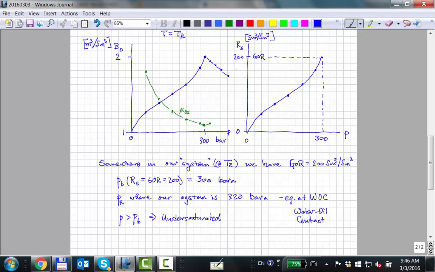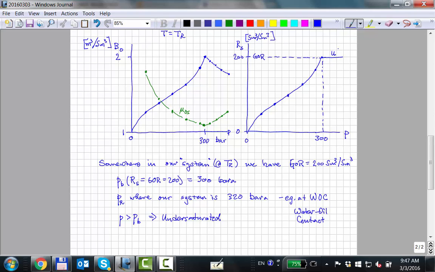You might need them. It does get a little bit flatter here. So, okay, and the oil viscosity can look something like that. And what we said is that the undersaturated properties are only changing for one reason, and that's what? The pressure is changing. The composition is fixed. It's got this 200 cubic meter per cubic meter GOR, and we usually draw this over here like this.